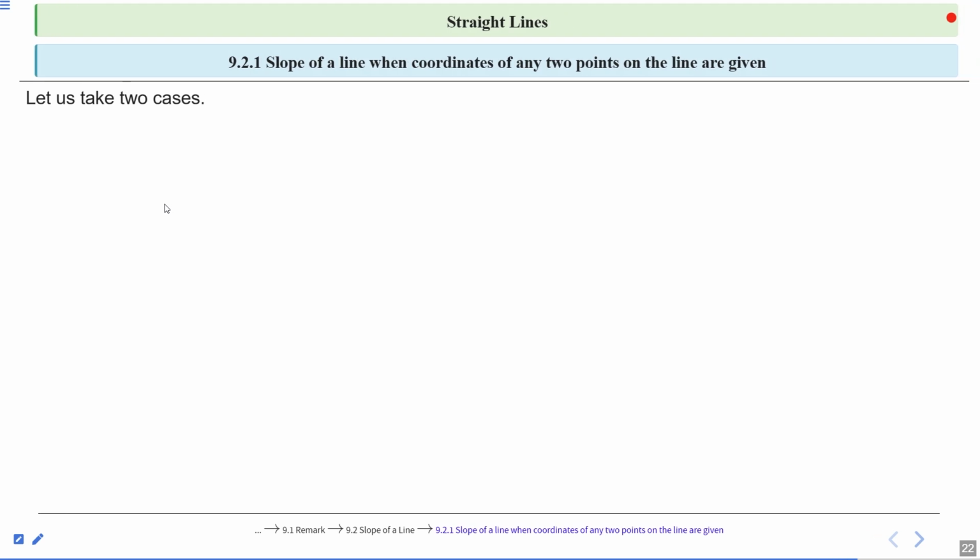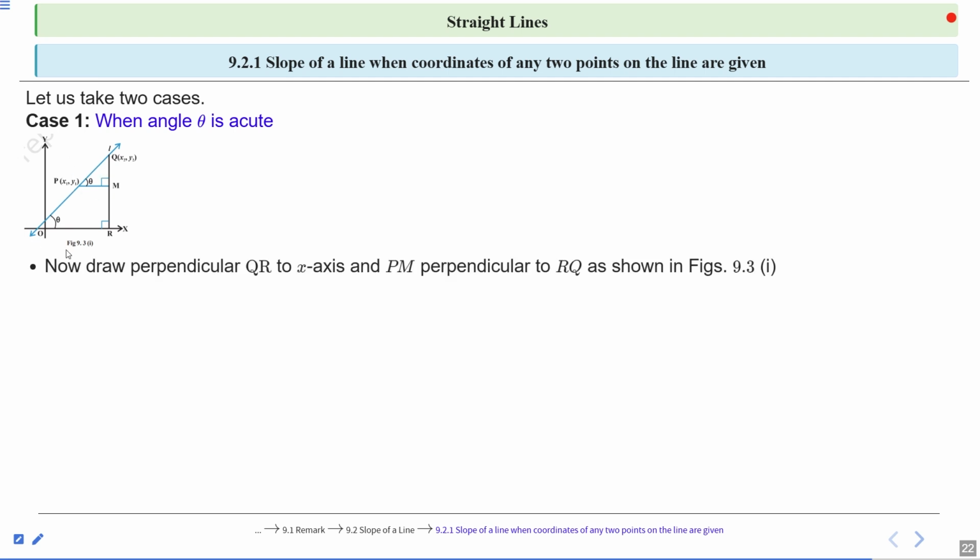Case 1: when angle theta is acute, that means theta lies between 0 and 90 degree. Then we get figure 9.31. We draw perpendicular QR to the x-axis and PM perpendicular to the QR line, as shown in figure 9.31.